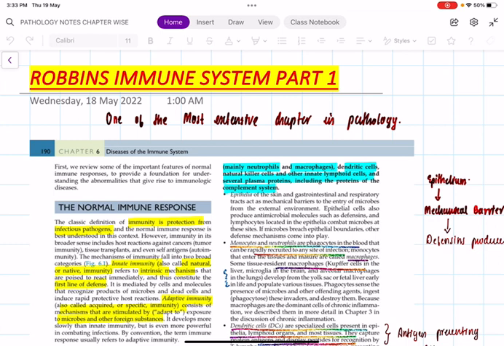That is the reason why I have chosen this chapter to start now, because this chapter will be useful when you start studying immunology in microbiology.